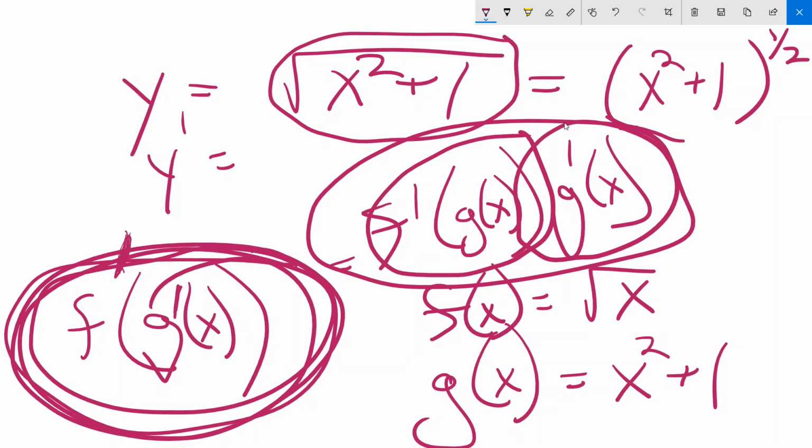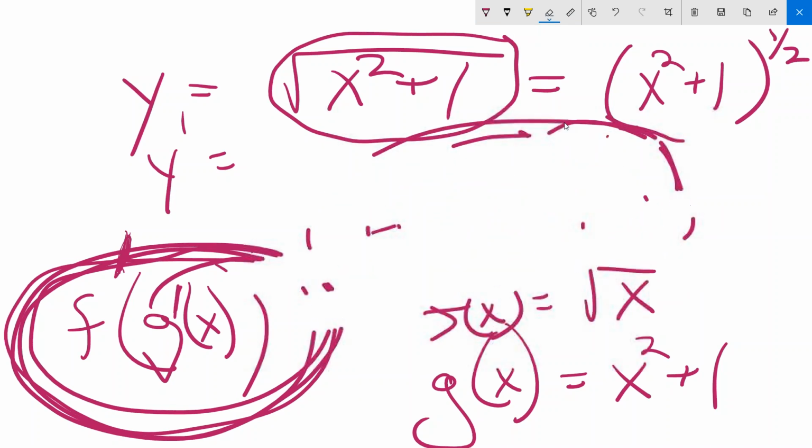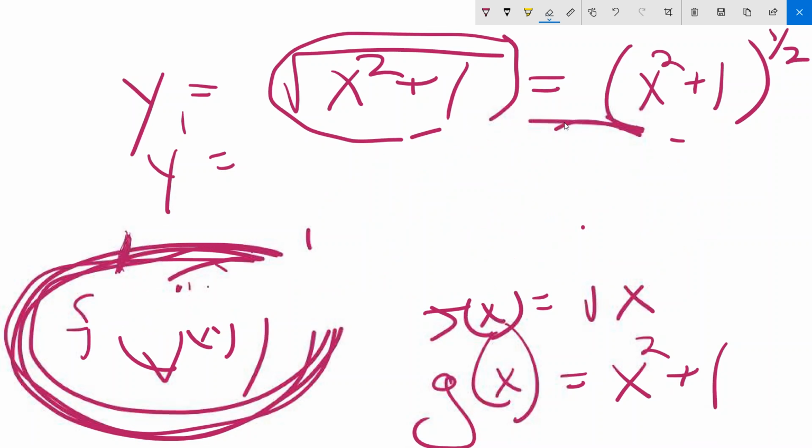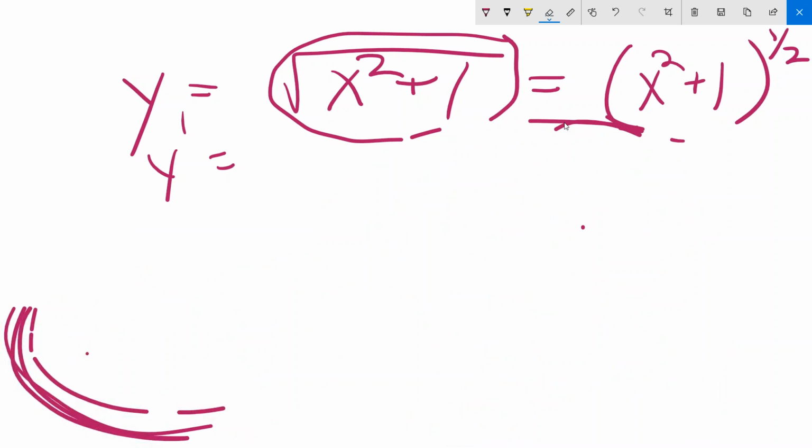Yes, sir. Okay, so what's the derivative of this thing? All right, so that's going to be, let me see if I remember how to do this correctly. So that is the outside times the derivative of the inside.